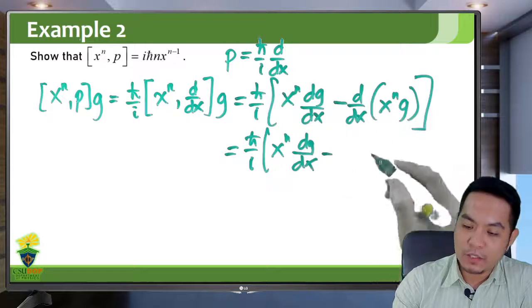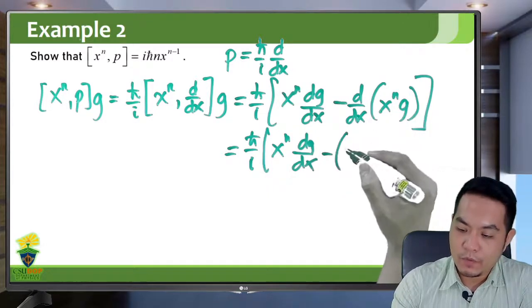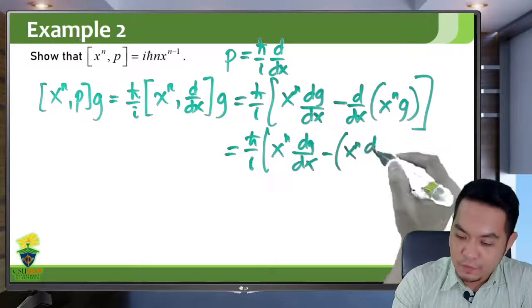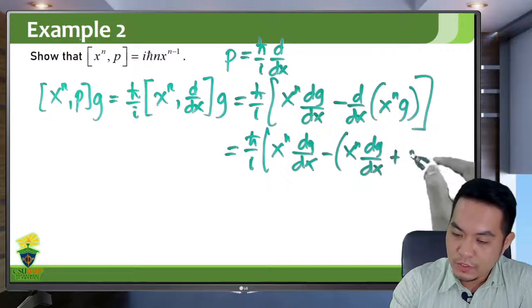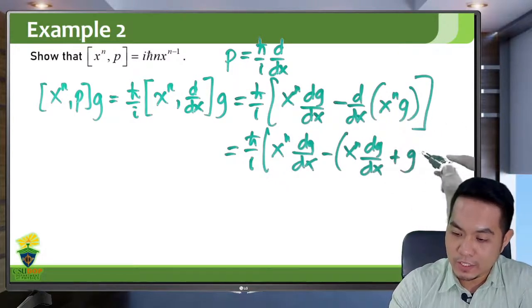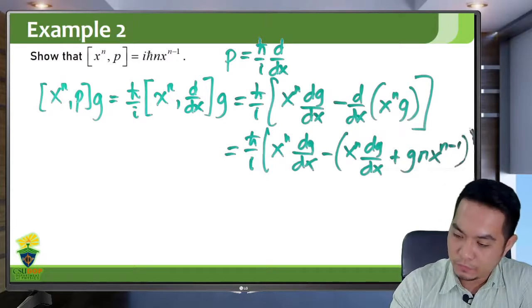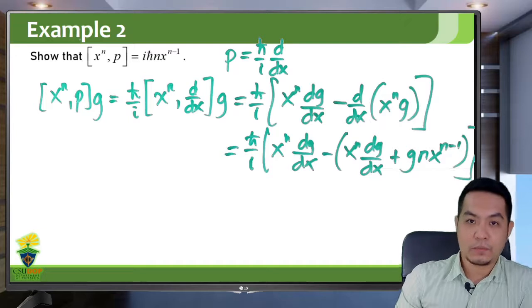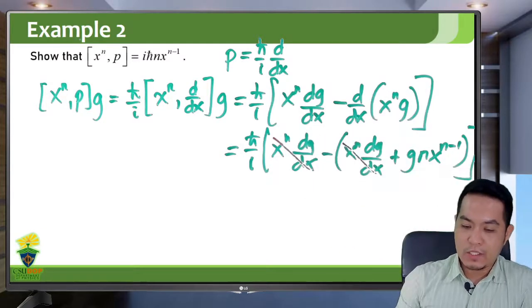So this is a product. So you will have x to the n dg/dx plus g times the derivative of x to the n with respect to x, which is just n x to the n minus 1. So these two terms will actually cancel each other out.